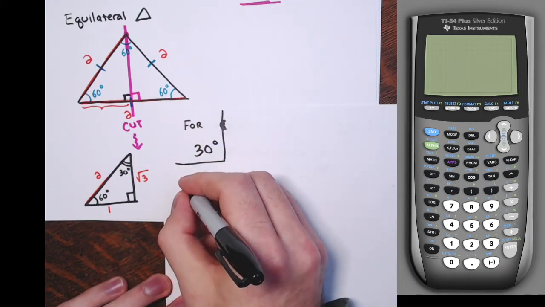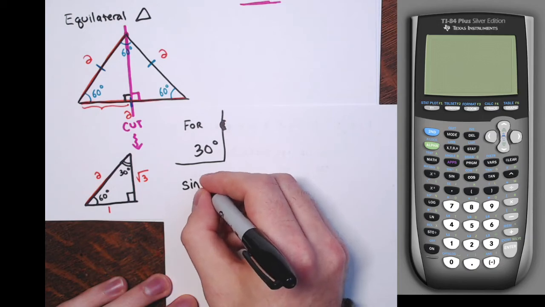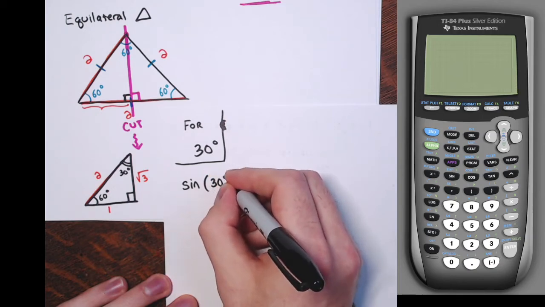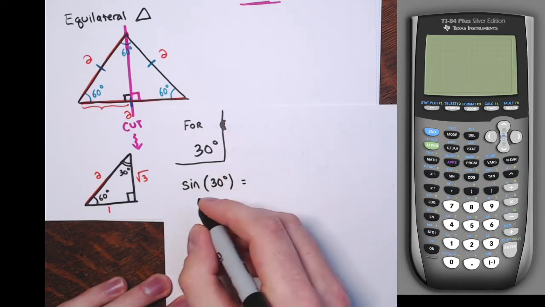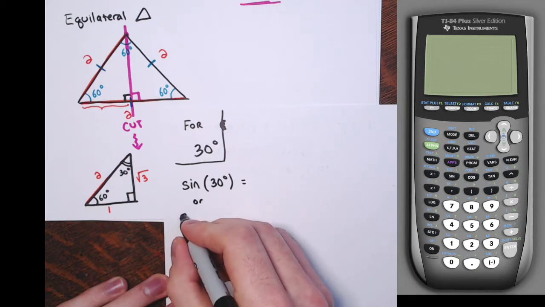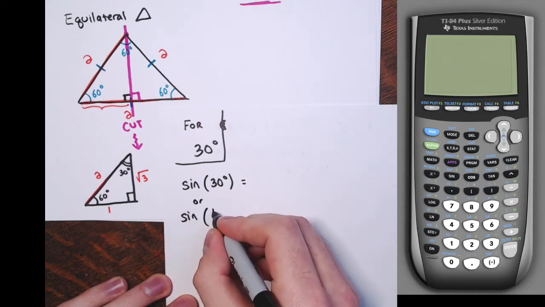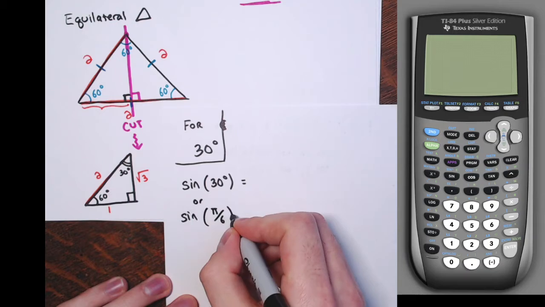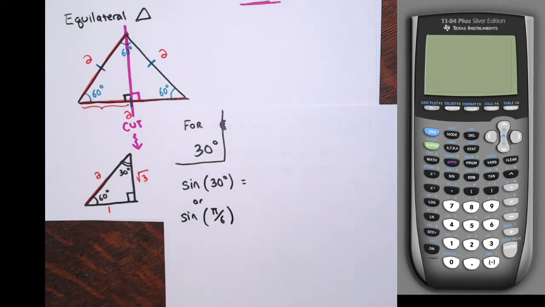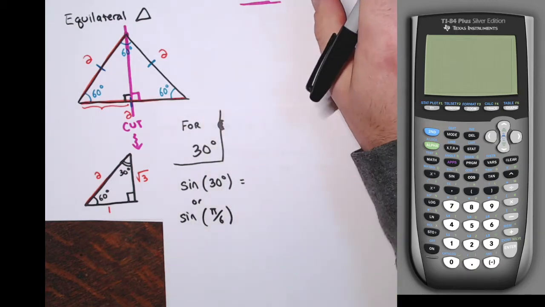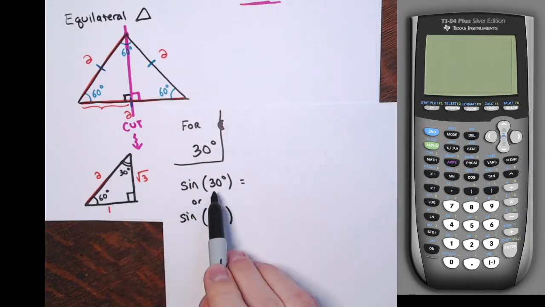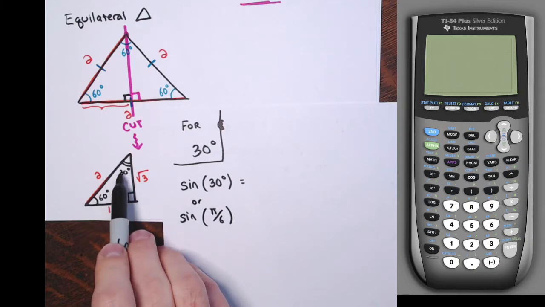What would be the sine of a 30-degree angle? Or what would be the sine of a pi divided by 6, pi over 6 radian angle? Remember how to convert from degrees to radians. We talked about that already. So what is the sine of a 30-degree or a pi over 6 radian angle? Notice I'm focusing on the 30-degree angle.